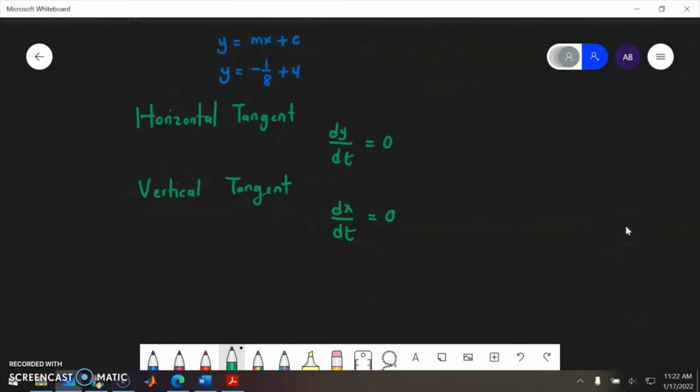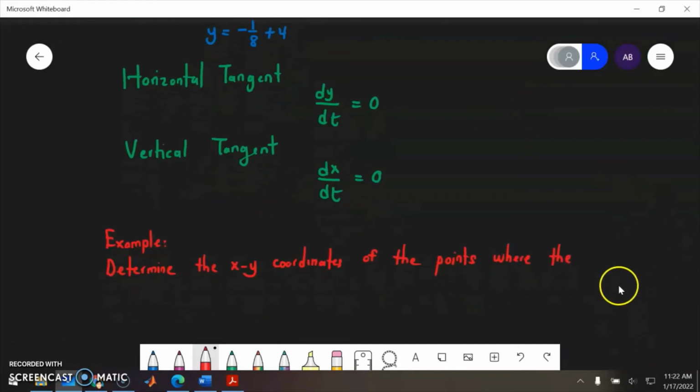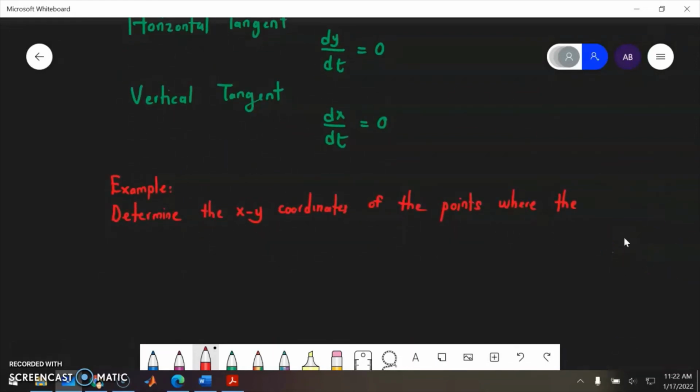So I'm going to show you one example involving this horizontal and vertical tangent. Okay, so the example will be something like this. The question says: determine the xy coordinates of the points where the following parametric equation will have horizontal or vertical tangent.